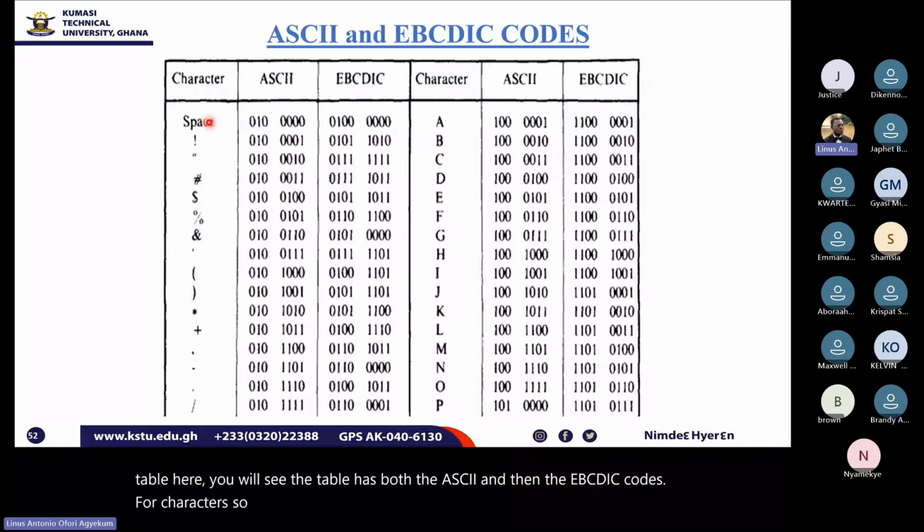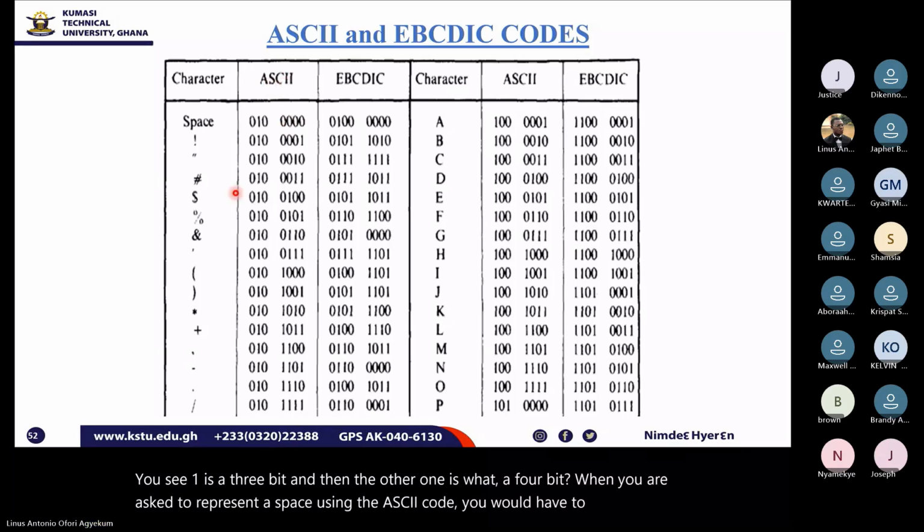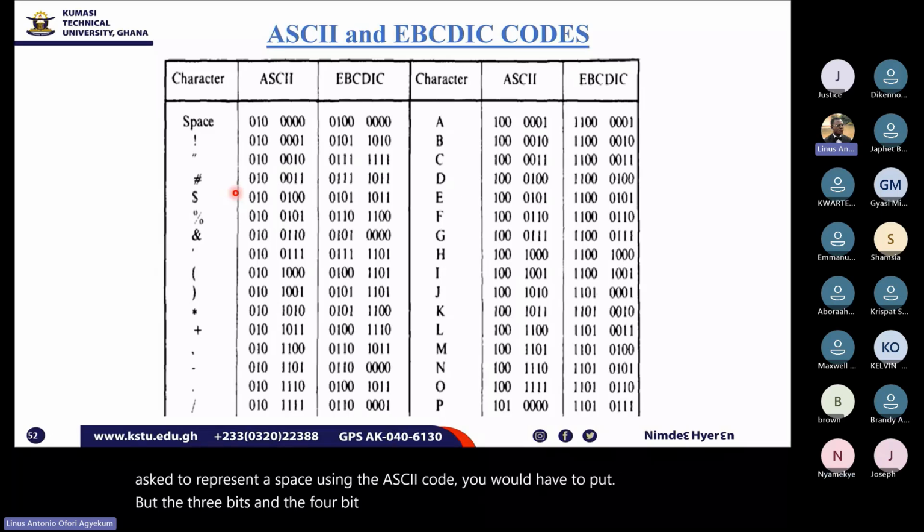You will see one is a 3-bit and then the other one is a 4-bit. When you are asked to represent a space using the ASCII code, you would have to put both the 3-bit and the 4-bit together to write the ASCII code for space.